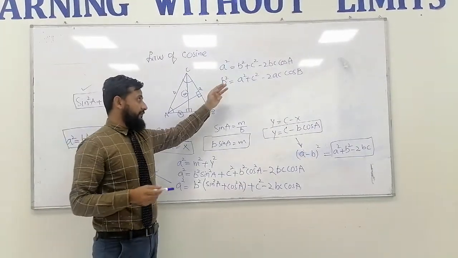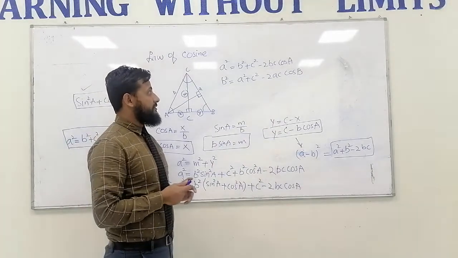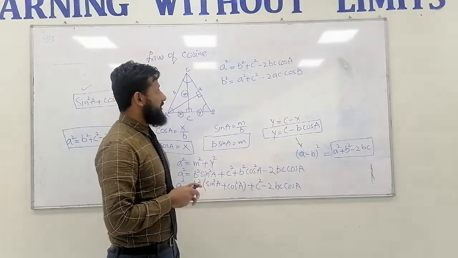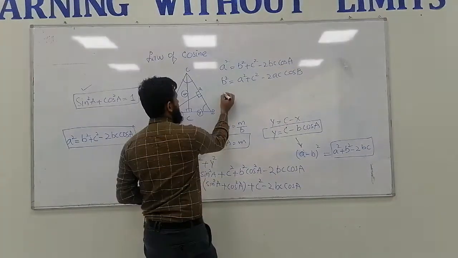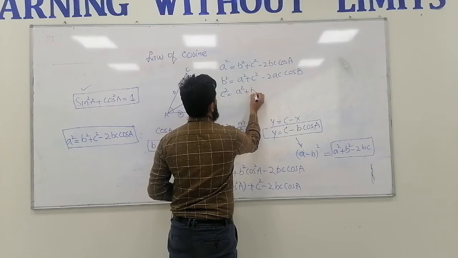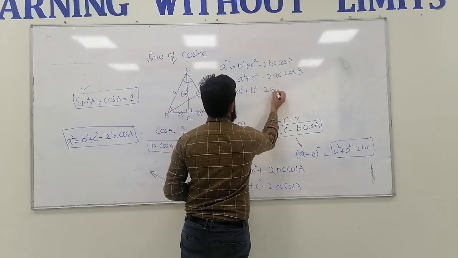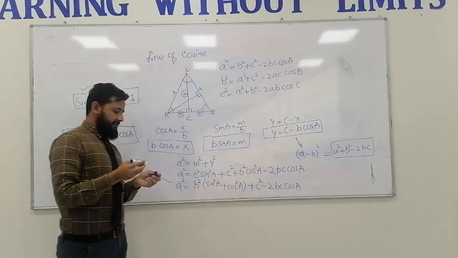Similarly, you can solve the third one: c squared equals a squared plus b squared minus 2ab cos C. You can similarly prove it using the same method.